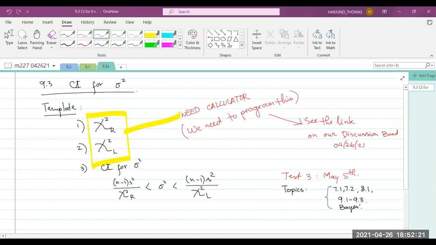Which semester do you want me to go over? Last semester, which was fall 20? Yeah, okay, fall 20.